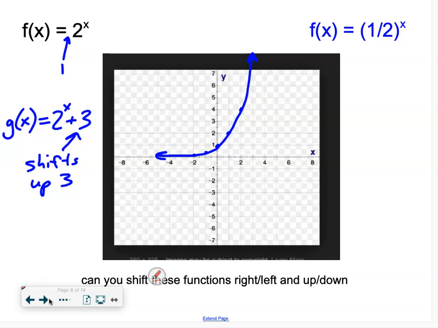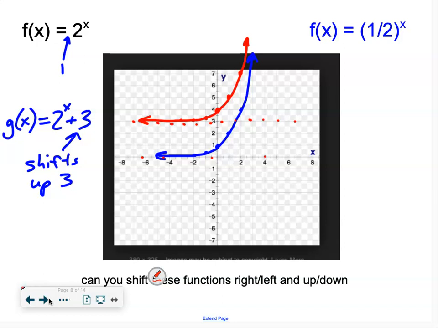So every single point, you just add 3. So we'd add 3, and then 4, we'd add 3, and here, 1/2, we'd add 3, and something like this. So if you notice, this first graph flattens out at 0. The second graph now flattens out at 3.